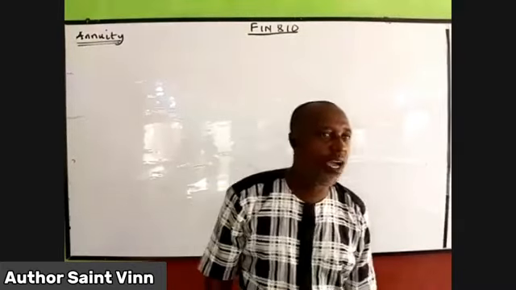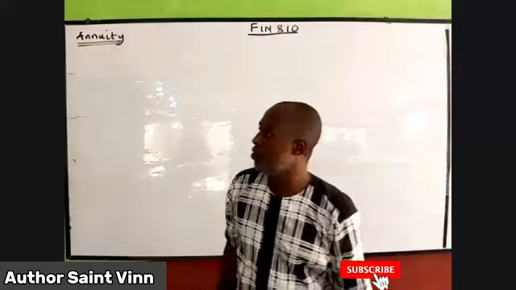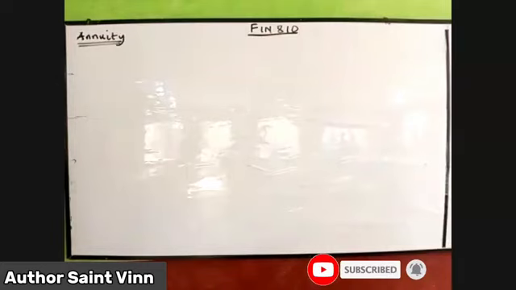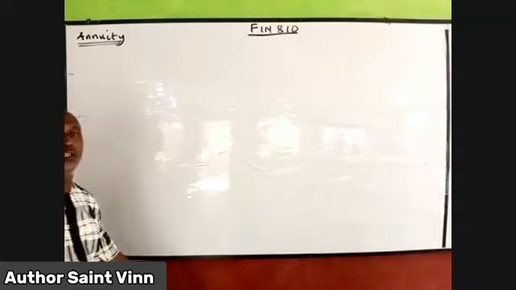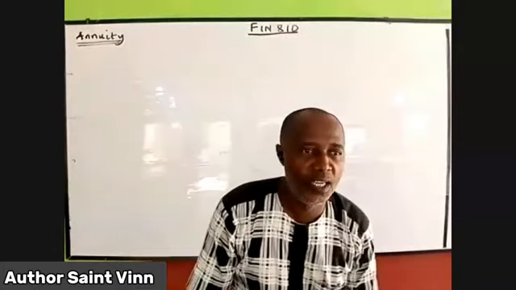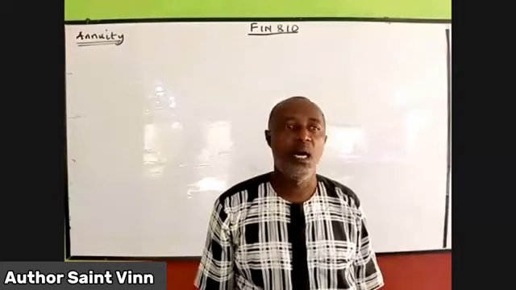Are we there? We're still on mathematics of finance. If you check your scheme of work, we'll see that this is number 2. Mathematics of finance is still here. Last time we looked at the future value of money, present value of money, growth rate, and the number of years.